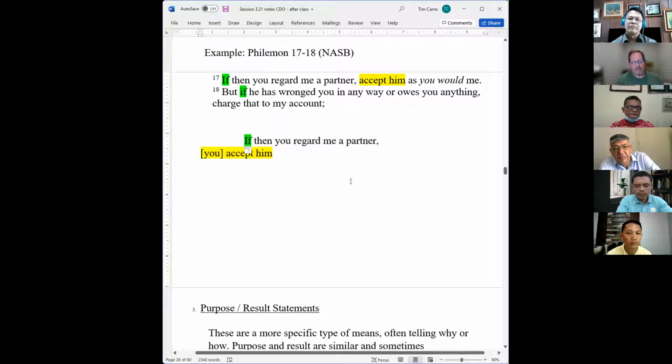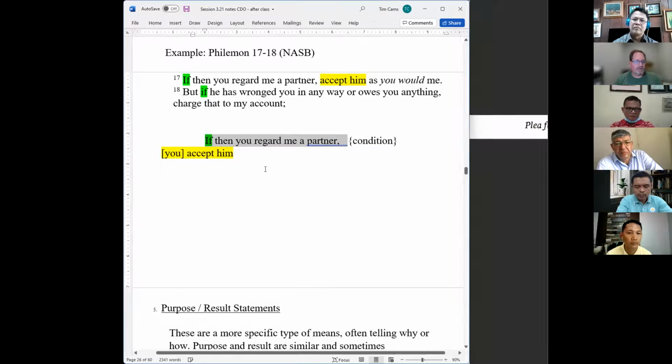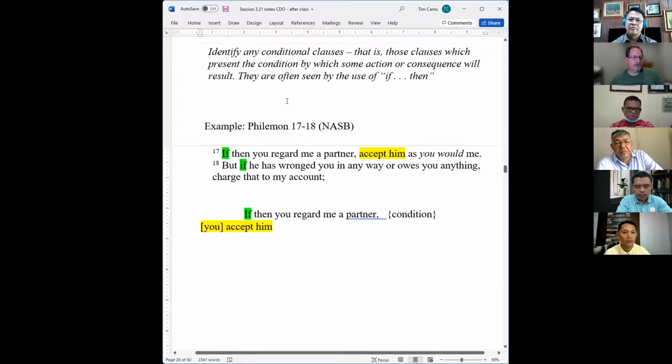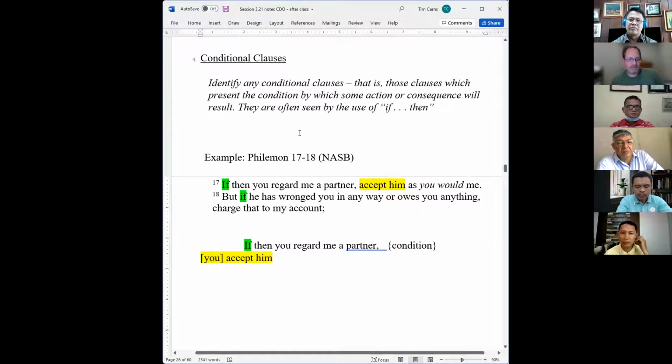Okay, so that's why this is a conditional statement or condition. So the converse is if Philemon did not regard Paul as a partner, then he wouldn't accept Onesimus. Okay, that's the condition.